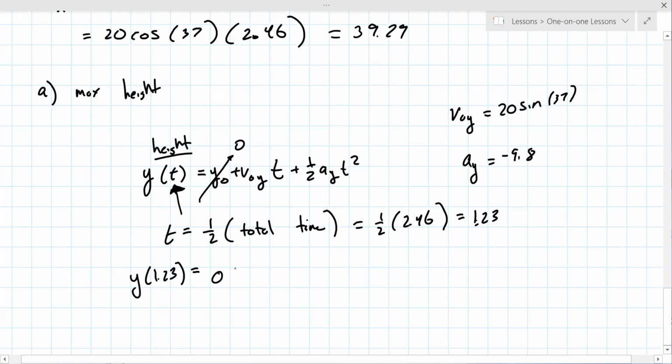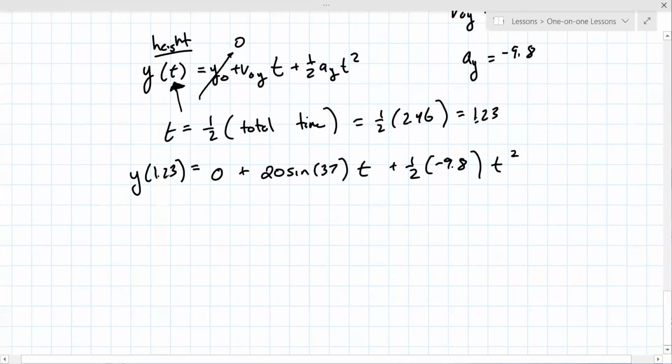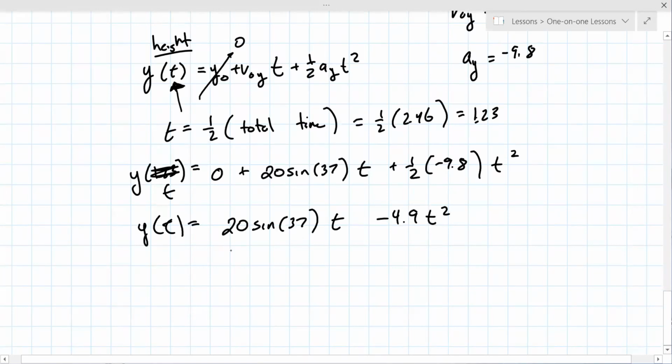It's 0 plus 20 sine 37 times time plus 1/2 times minus 9.8 t squared. So y of t simplifies to 20 sine 37 t minus 4.9 t squared. Hopefully you see that t is the only variable.